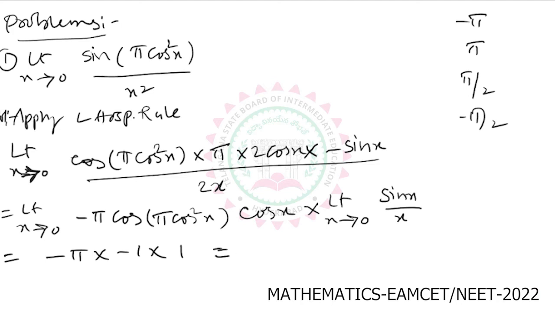Therefore, my answer is pi. Okay, so my option is the second option. Now observe that the question was very big, but it has been simplified into only two steps by using the L'Hospital rule.